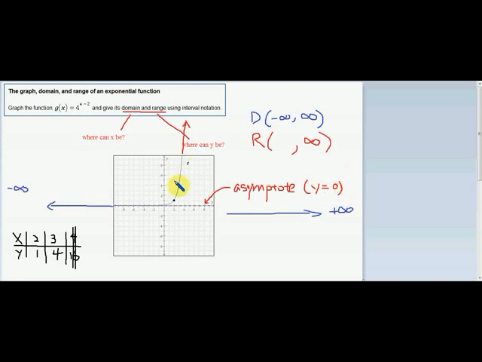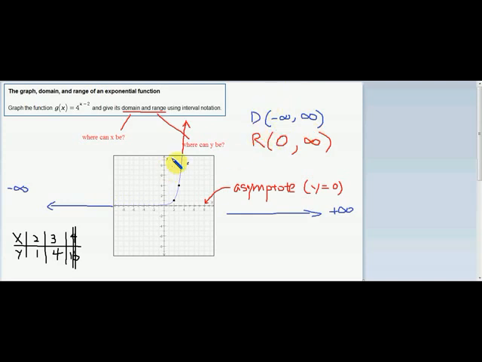Even though this line, as we go to the left, will approach y equals 0, it can never touch it. This line can never touch the asymptote. So 0 is our lower boundary for the range.